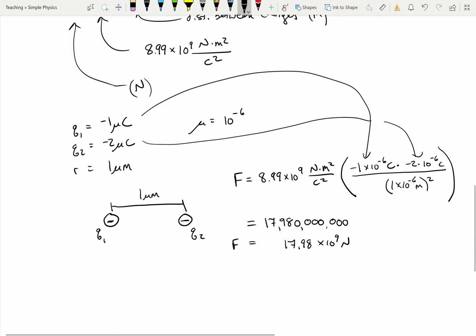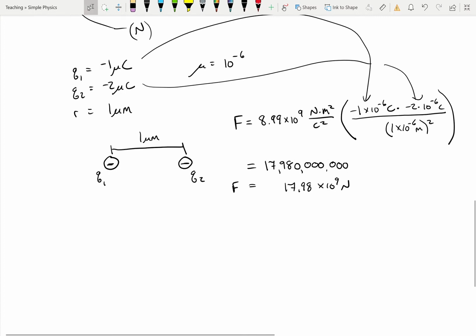So why do the units matter in this constant? Well, let's look at how our units worked out as we calculated our values. We had newton meters squared over coulomb squared. I'm just going to use units right now.